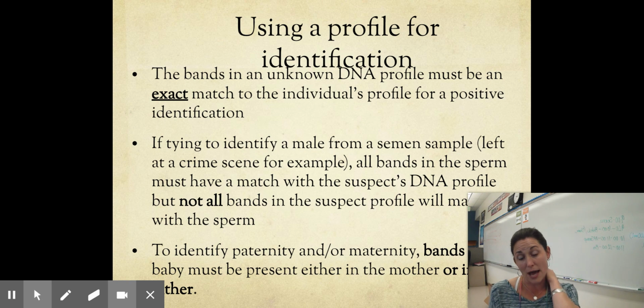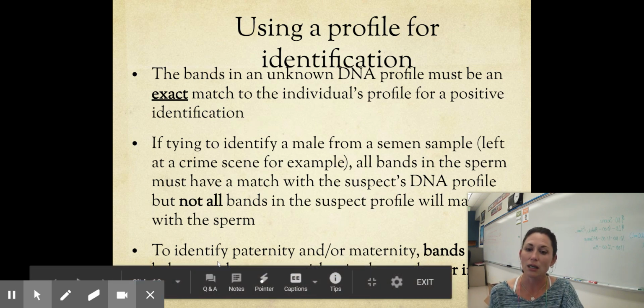If we're trying to identify a male from some kind of a semen sample, all bands in the sperm have to match the suspect's DNA profile, but not all the bands in the suspect's DNA profile will match with the sperm. That's because each individual sperm only has half the DNA at a time. And that's just a side note. That's not really super important for you all.